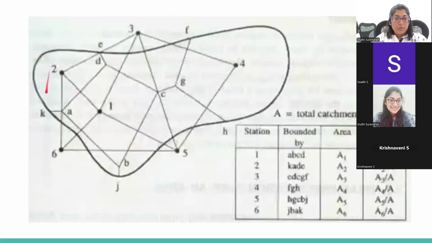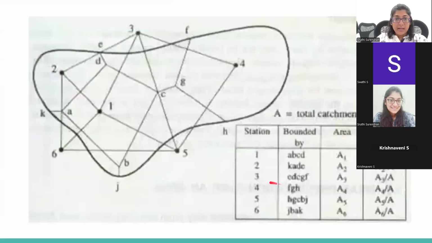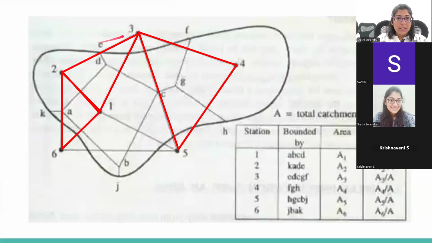So this rainfall into this area will be considered, and the sum of these products will be found out and divided by the total area of the drainage basin. Here we have to keep in mind that this A, the A without any number notation, is going to be the area of the drainage basin, and it is not going to include any area of the polygons that extend beyond the boundaries of the drainage basin.